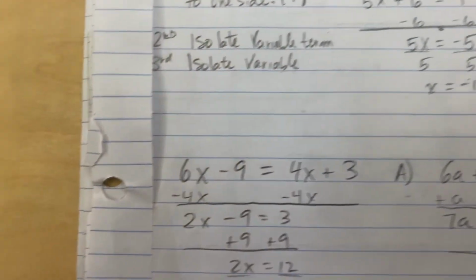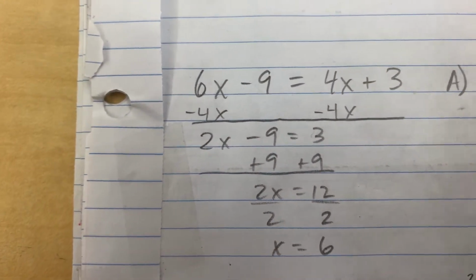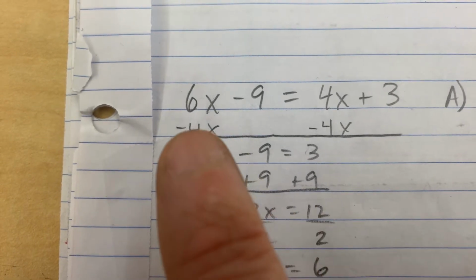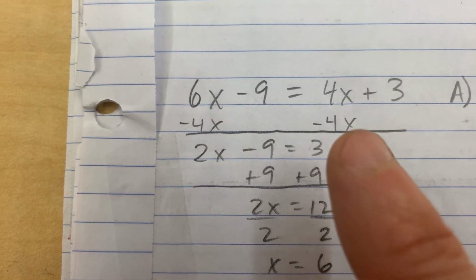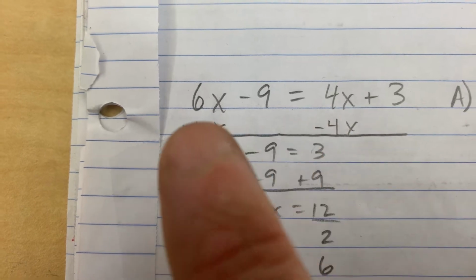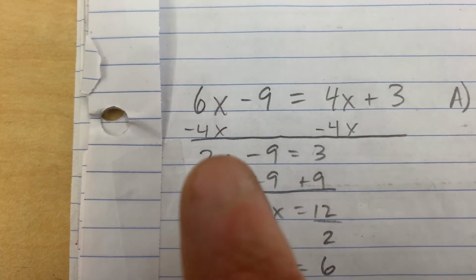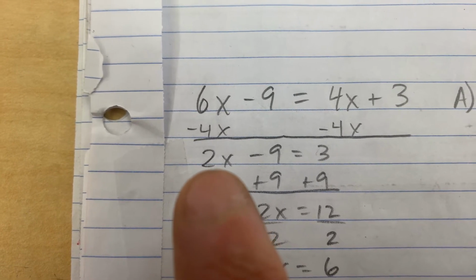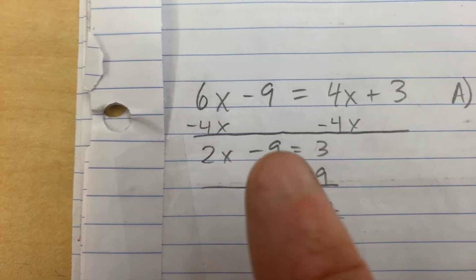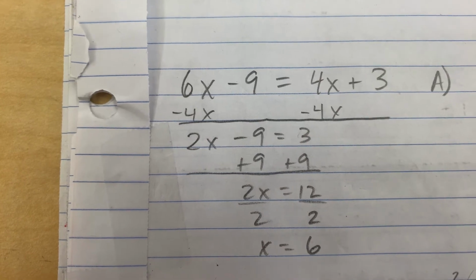Take a look at these other examples. I could have either subtracted 6x from both sides or subtracted 4x from both sides. I decided to subtract 4x from both sides, thus leaving me with positive 2x. The rest of the problem is a two-step equation.